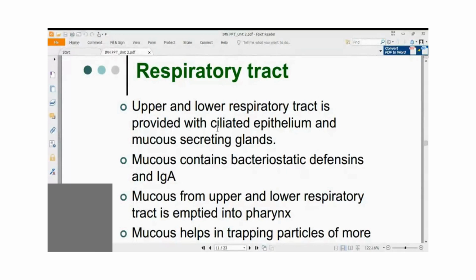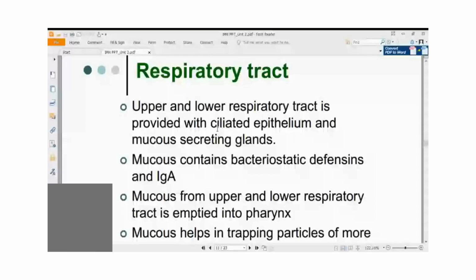The lower respiratory tract starts from your trachea, which splits into two bronchi, and those bronchi enter the lung. Up to the tip of bronchi until they enter the lung, the tracheal epithelium and the bronchial epithelium, both are provided with ciliated epithelium.